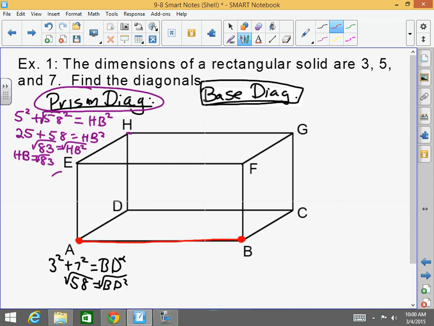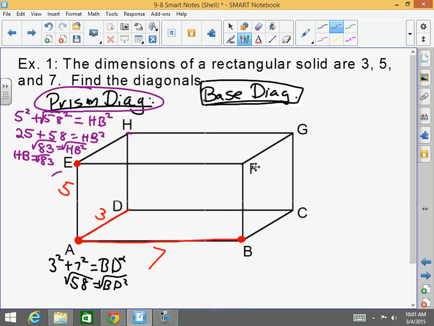So that has to be my 7. And then as far as the 5 and the 3 go, according to this diagram, you can tell that AE is larger than AD, so that would be the 5, and this would be the 3.